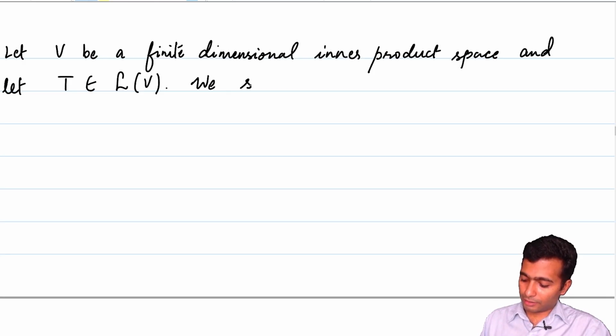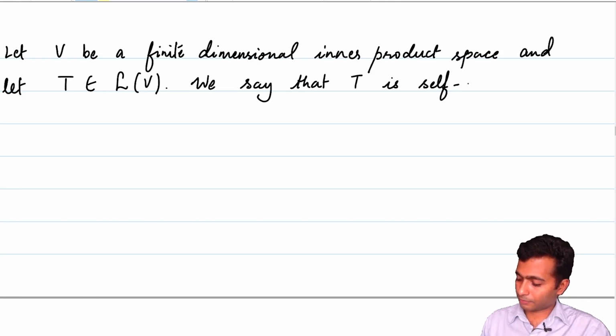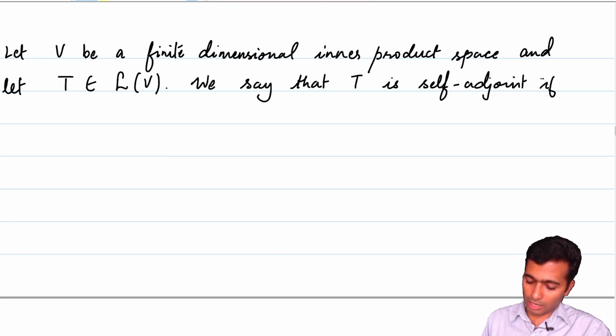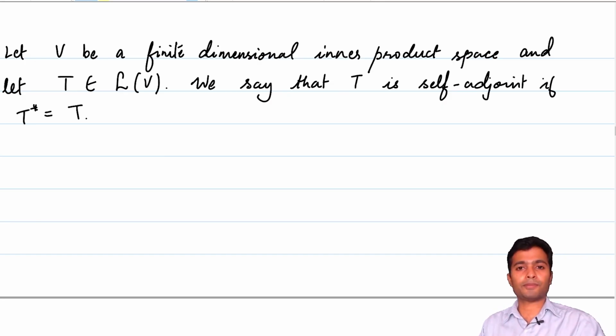We say that T is self-adjoint if T star is equal to the operator T itself.